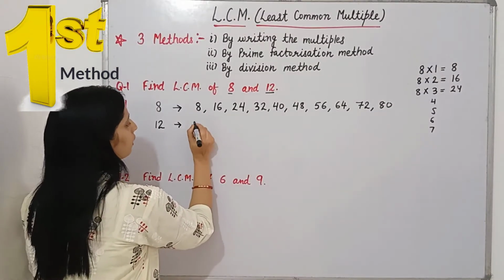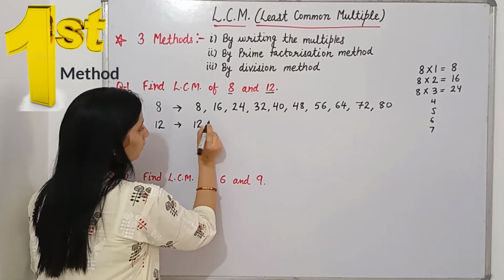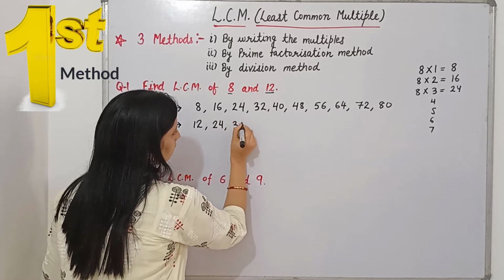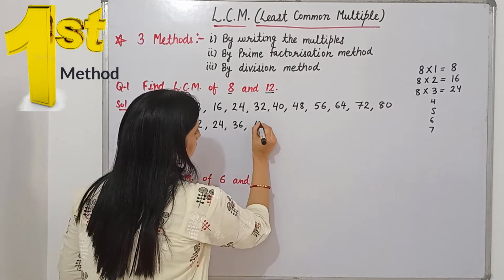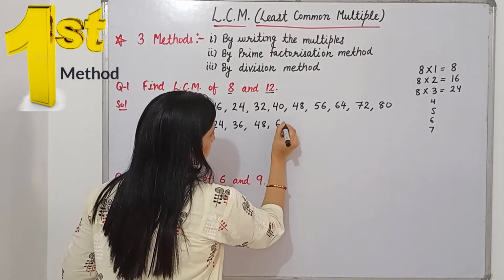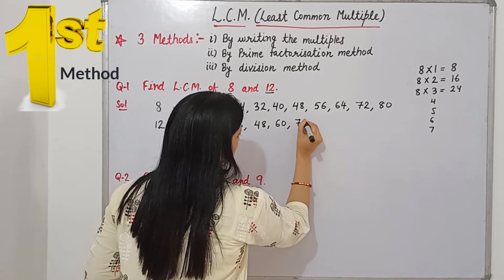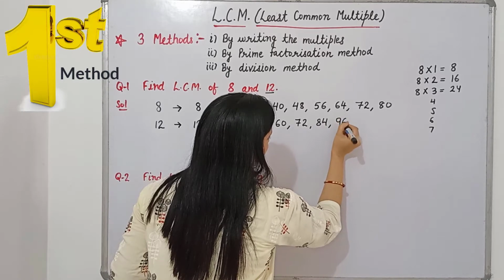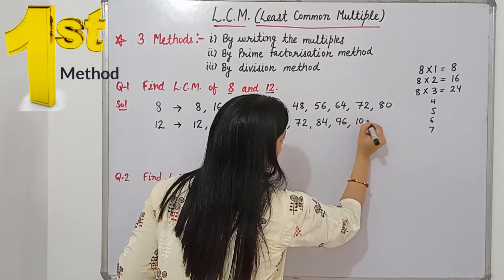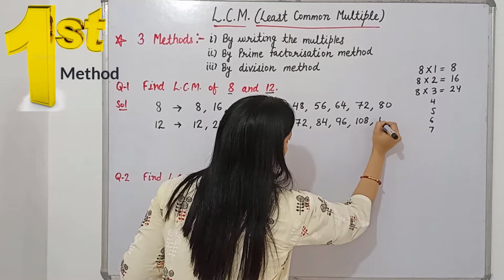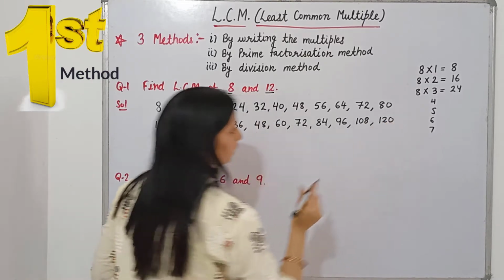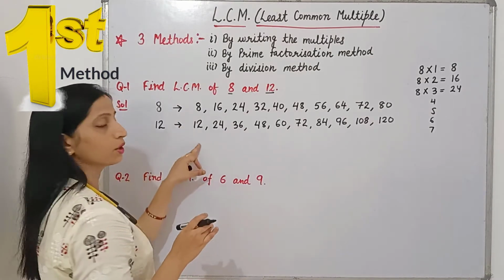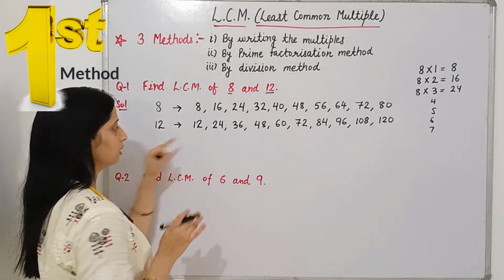So 12 multiplied by 1 will be 12, 12 multiplied by 2 will be 24, then 36, after that 48, then 60, 72, 84, 96, 108 and 120.